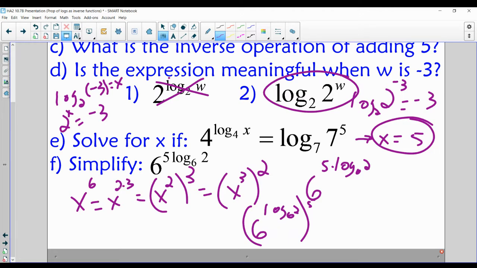When it was 2 times 3, I did x squared to the 3rd or x to the 3rd squared. Same idea here. When these two things are multiplied together, I separate it and have one of them go along with the 6 and the other one be on the outside of the parentheses. I would say it doesn't matter which one is which, but you don't want to do 6 to the 5th. I want to do 6 to the log base 6 of 2, because that's simply 2. That'd be 2 to the 5th, which is 32.